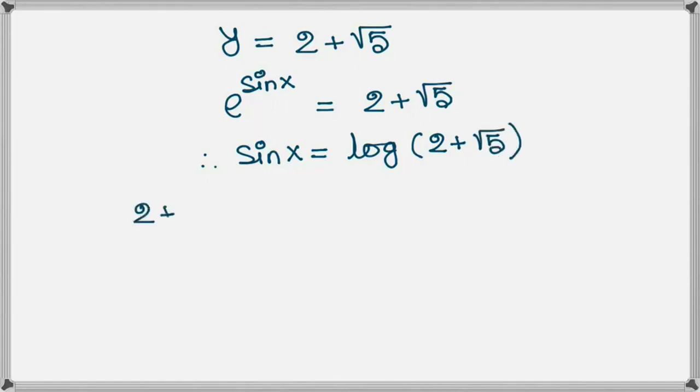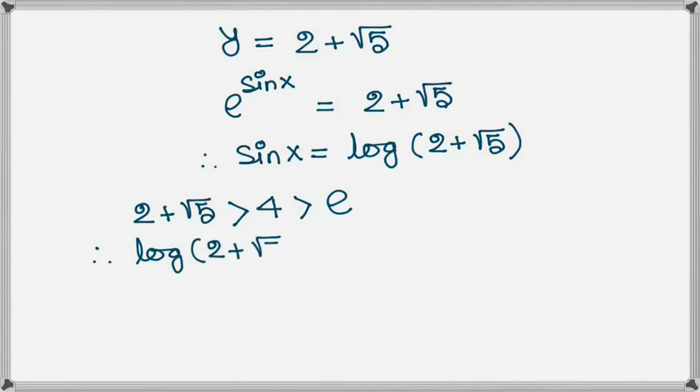Now 2 plus square root of 5 is strictly bigger than 4, and we know 4 is strictly bigger than e. So therefore logarithm of 2 plus square root of 5 is bigger than logarithm of e, as logarithm is an increasing function, and we know that logarithm of e to the base e is equal to 1.